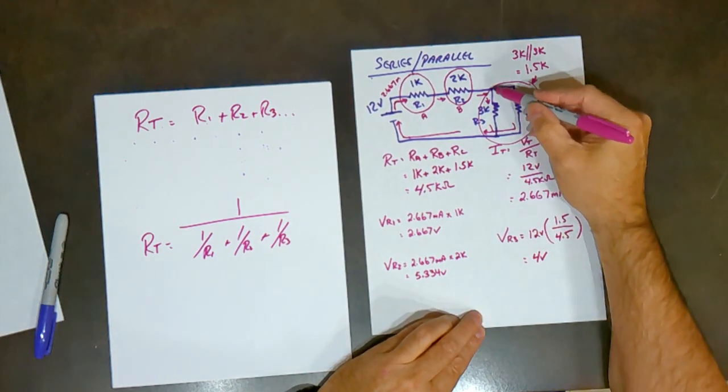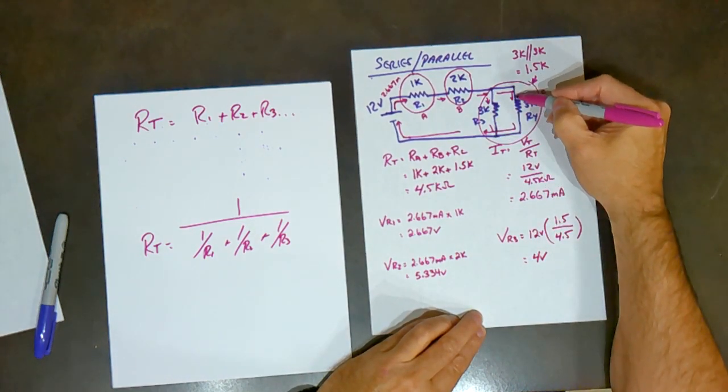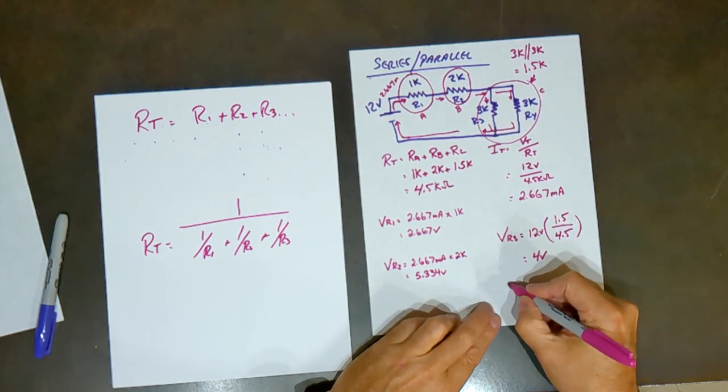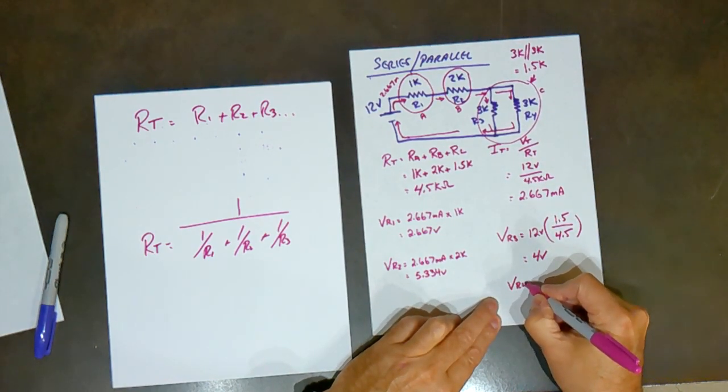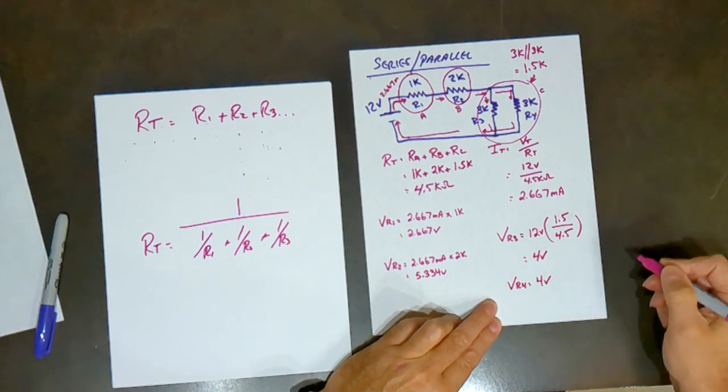So if there's 4 volts across this resistor, there's 4 volts across that one. So the voltage across R4 equals 4 volts as well.